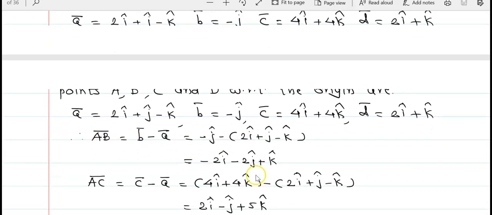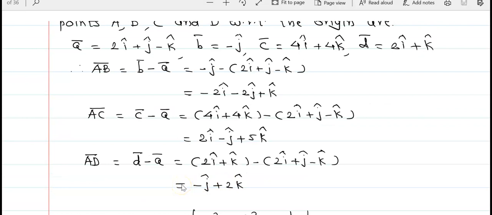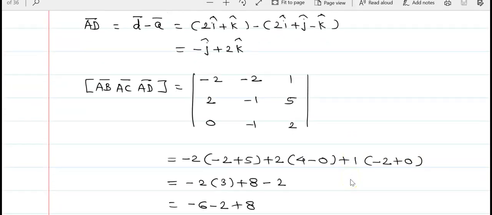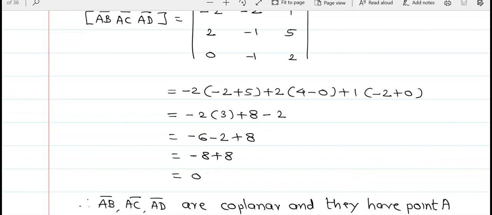AB bar is B bar minus A bar, AC bar is C bar minus A bar, AD bar is D bar minus A bar, and their box product, that is AB bar, AC bar, AD bar, is the determinant minus 2, minus 2 1, 2 minus 1 5, 0 minus 1 2, and that's why you will get the value of the determinant equal to 0, and AB bar, AC bar, AD bar are coplanar.